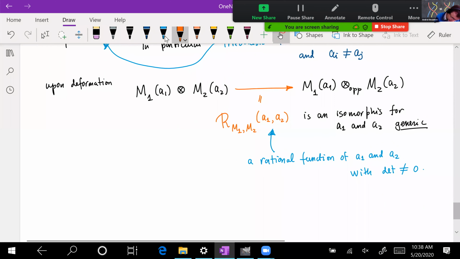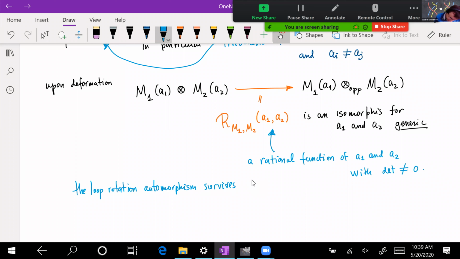If we would like to preserve it, if the loop rotation survives in our deformation, then this matrix only depends on the ratio. We'll denote it by the variable u.